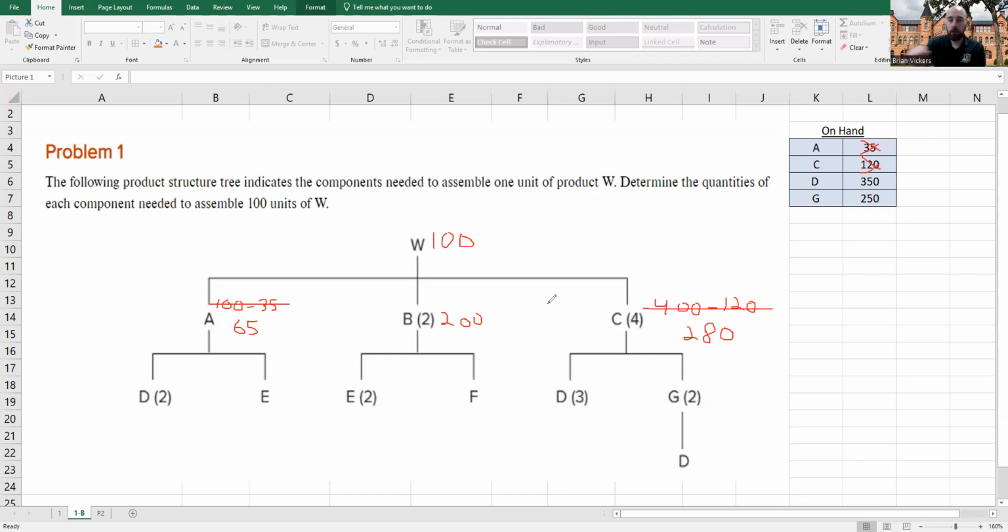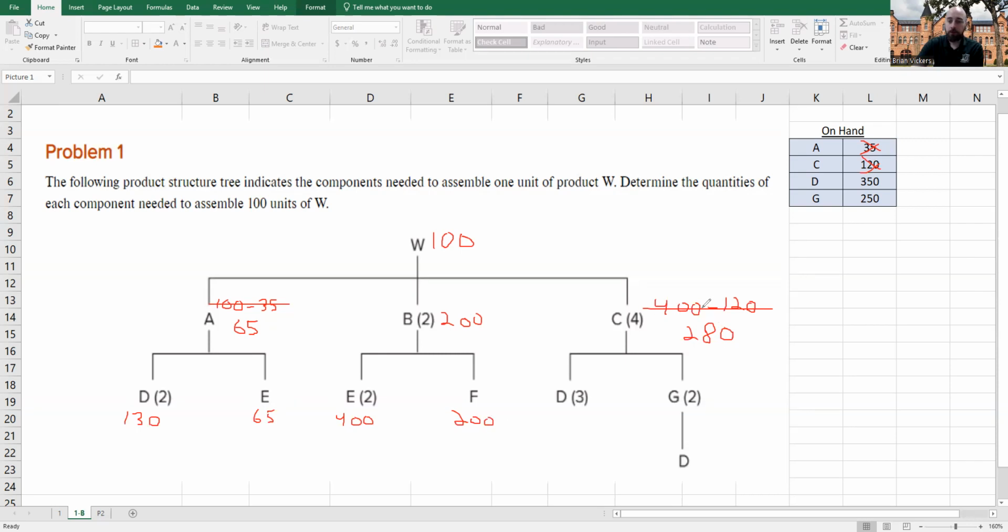Now let's start by going across and doing all of the next level before we allocate, because we've got product D here and here. So 65 times 2 is 130. 65 times 1 is 65. 200 times 2 is 400. 200 times 1 is 200.